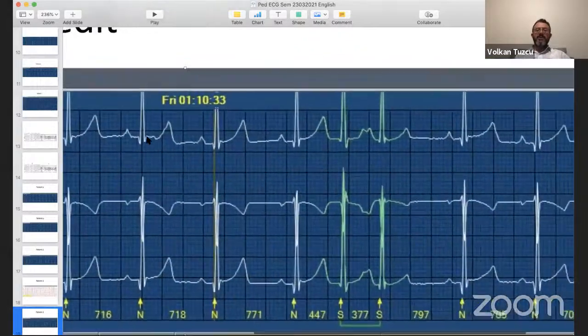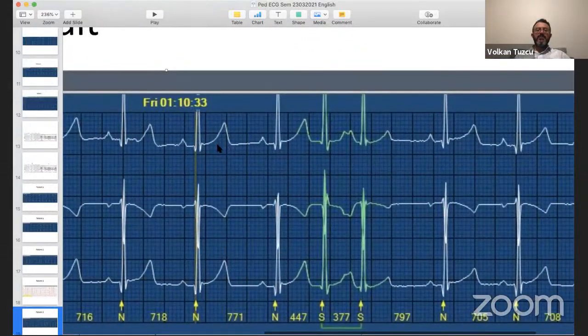But approximately, if you look at this, roughly 4 big boxes, and you have a P wave. Again 4 big boxes, you have a P wave. And actually, this is sinus. So your sinus comes at the expected time. The sinus node doesn't know what's going on in the ventricle.